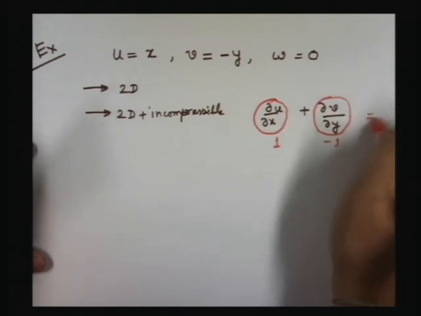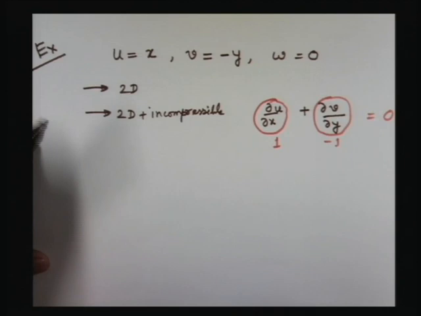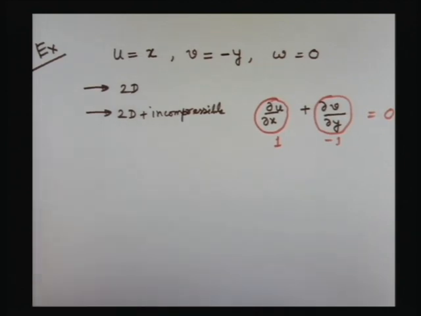The sum total is 0. This is satisfied. Because it is a 2-dimensional and incompressible flow, the stream function is defined. So let us find out what is the stream function.